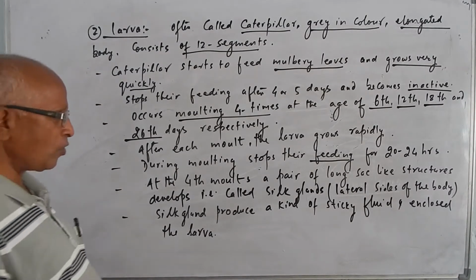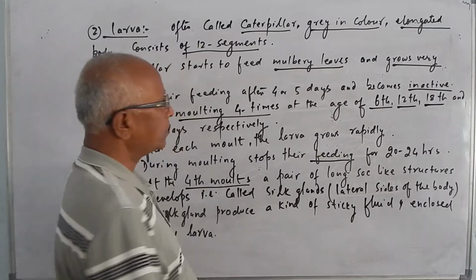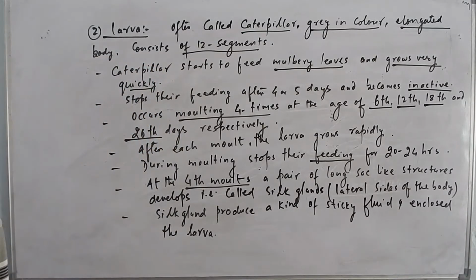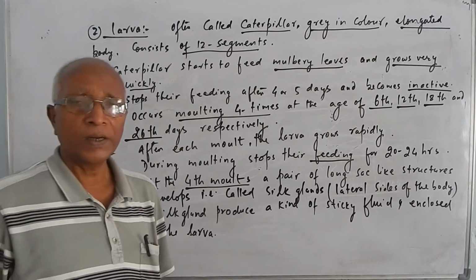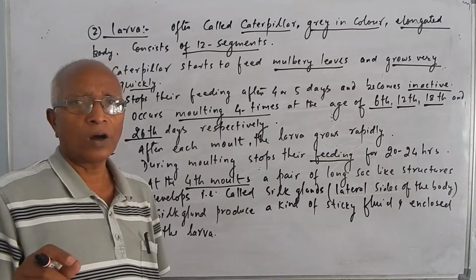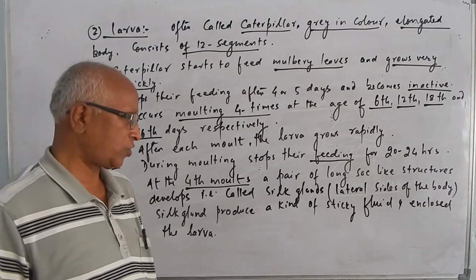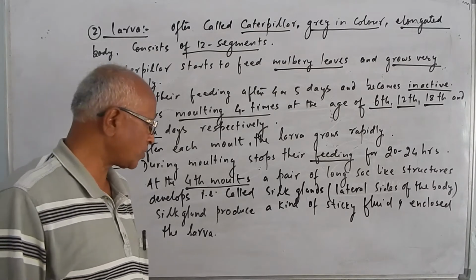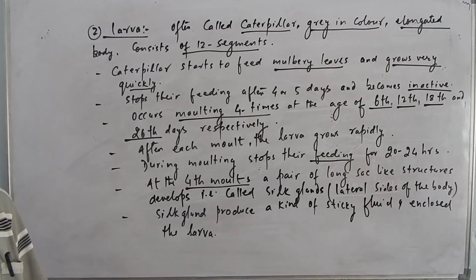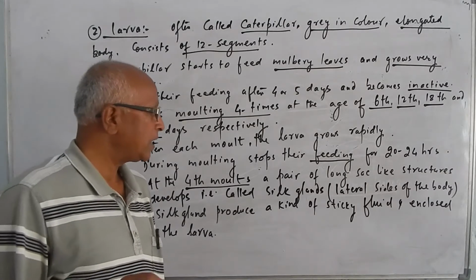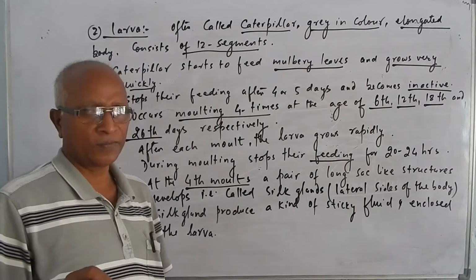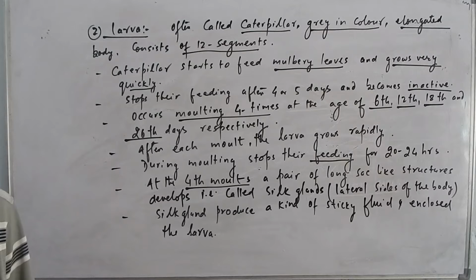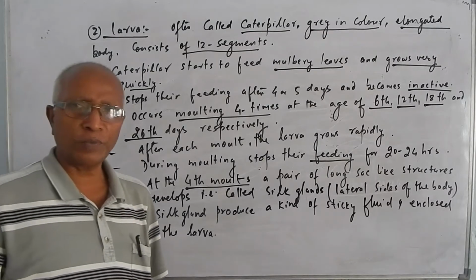So in the last molt, the 4th molt, the larva develops sac-like structures on the lateral sides of its body. These are called silk glands. This silk gland produces a sticky fluid.